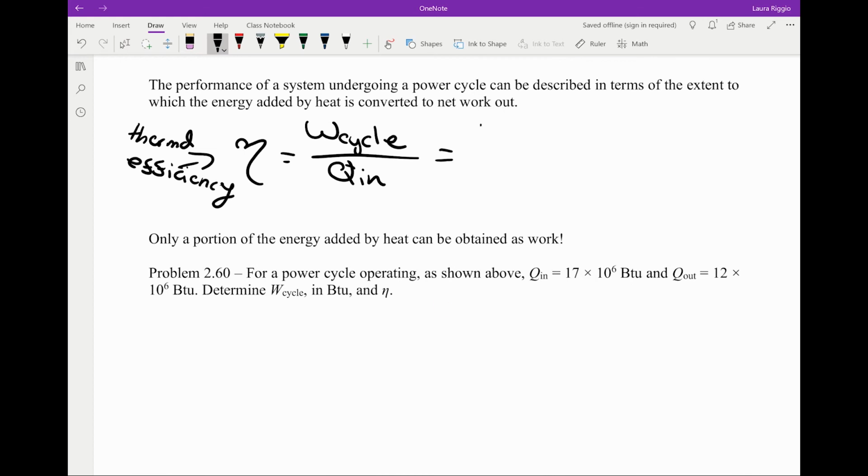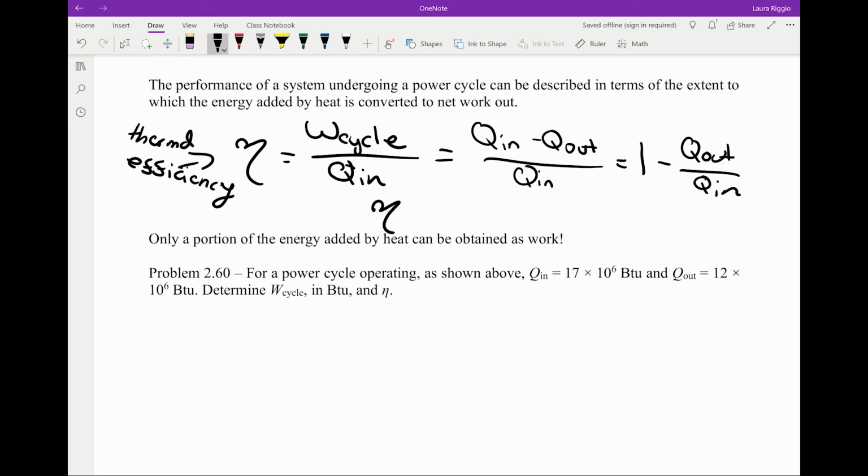Alternatively, this is also equal to Q in minus Q out over Q in, or 1 minus Q out over Q in. And our thermal efficiency is always less than or equal to 1. Only a portion of our energy added by heat can be obtained as work. So it has to be less than 1.